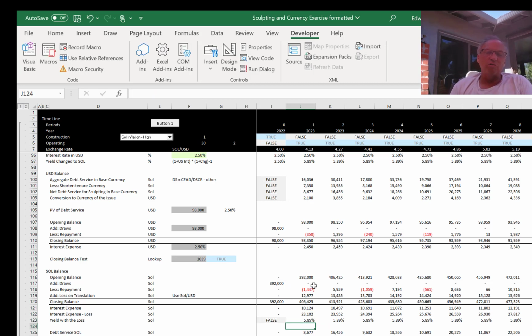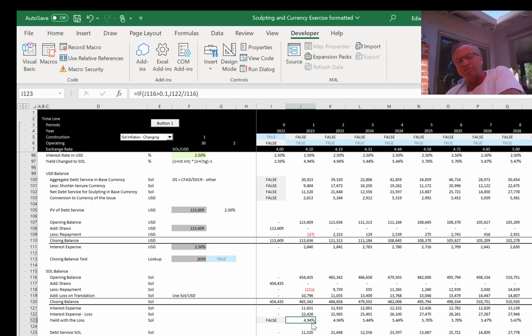Now, if we would switch this around and make it so the rate changes year to year, notice this interest rate goes up and down, and that's what you can use for your varying rate. And you'd have to use a compound interest factor when you did some sculpting, potentially. So I don't know if you even would in this example.